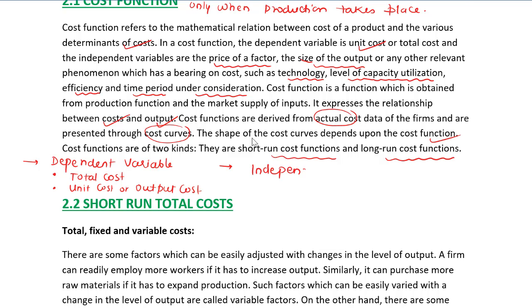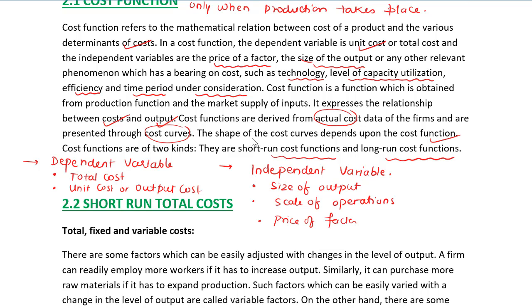Now we have independent variables. Independent variables could be size of output, scale of operations, price of factor of production, and so on. I believe you understood till here.